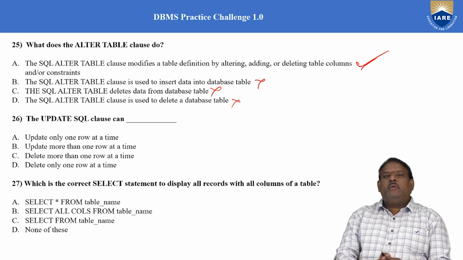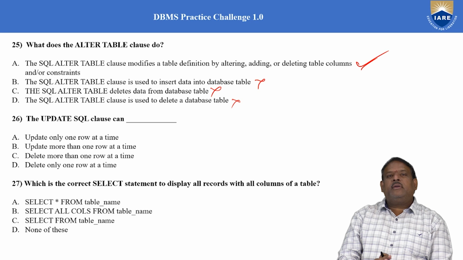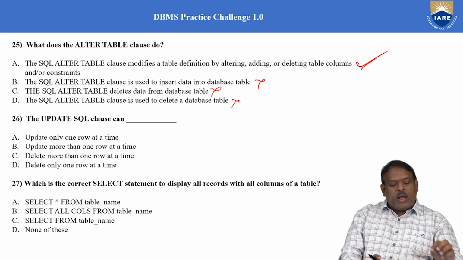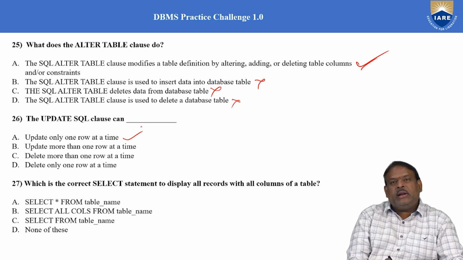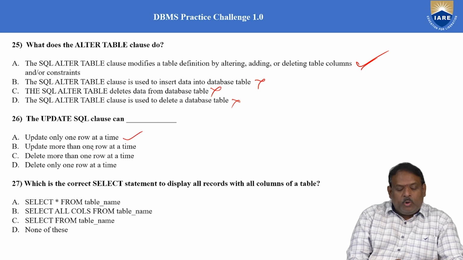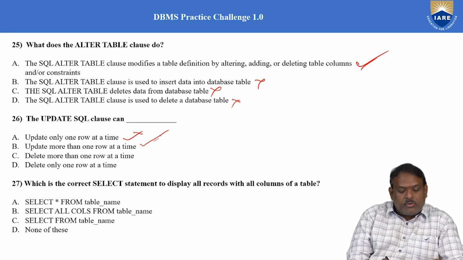Now the update SQL statement can update only one row at a time. If there's a where condition, that is true. Update more than one row at a time, or if there is no where condition, it is true. If there is a where condition, then it is true. If no where condition, it is true.